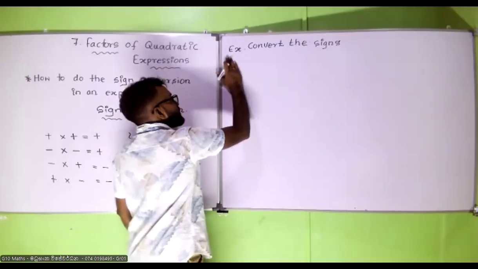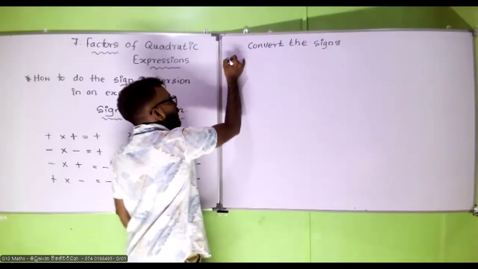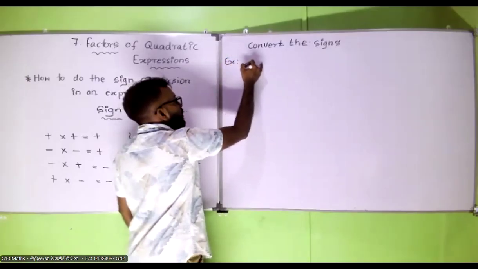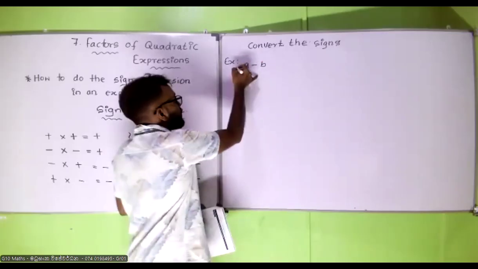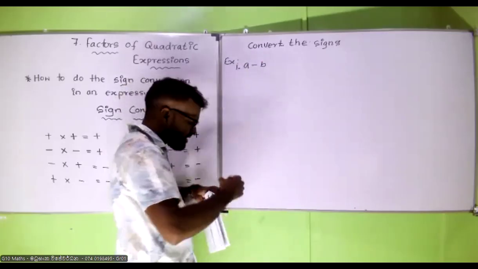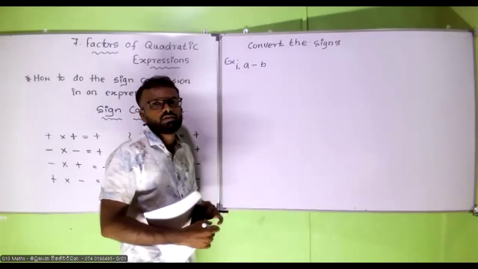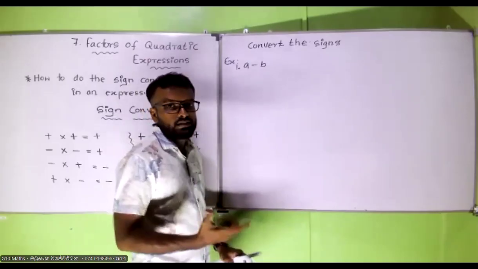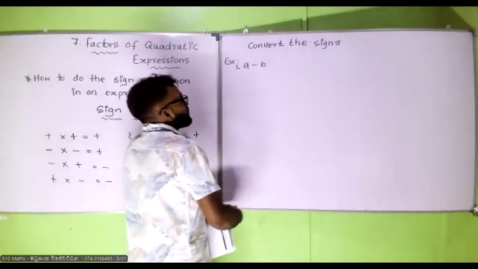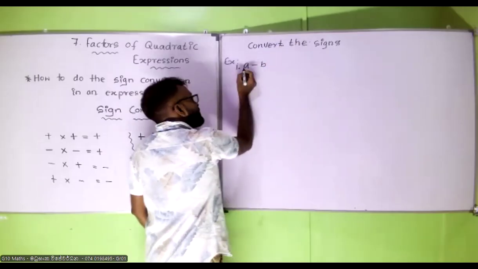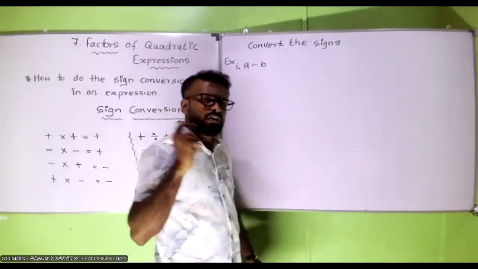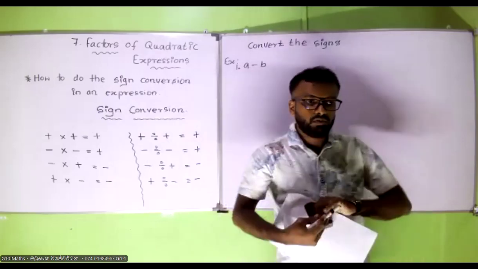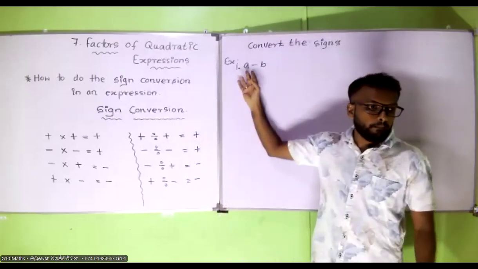So the first expression is A minus B. Now what is this? Convert the signs. Yes, we are going to practice them. If you want to convert the signs, can anyone tell me what is the sign of A?